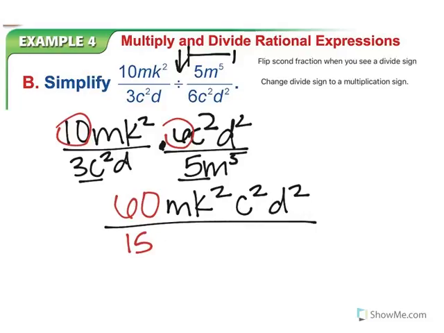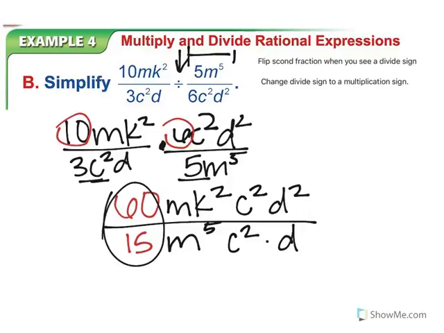Let's see, I wrote m's first, so I'm going to write m's first on the bottom, so m to the 5th. I wrote a k next, but there's no k's on the bottom. Then we have c squared times d. Alright, so from here, we're going to take 60 divided by 15, which is 4.